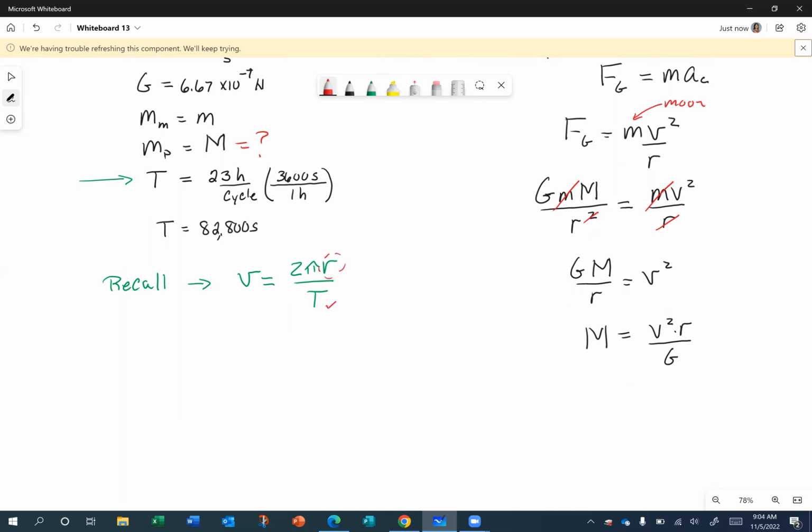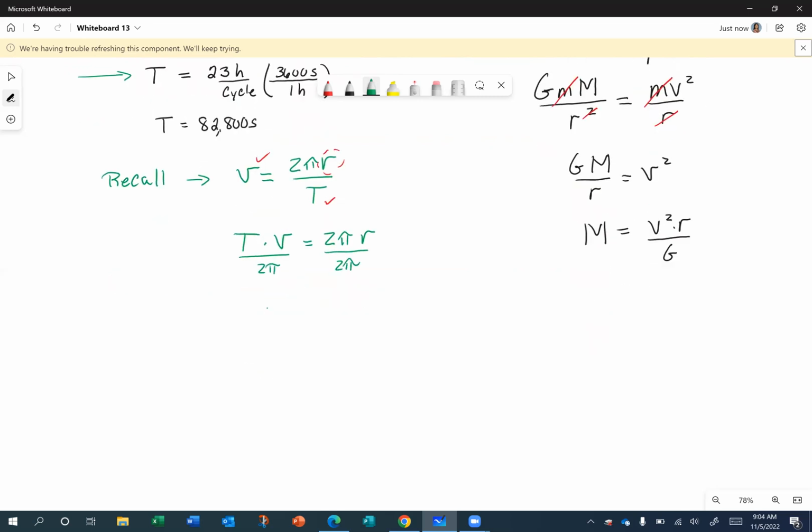because I know the period and I know speed. Rearranging this equation, period times my speed is equal to r, both sides times the period. I get r to be period times my velocity divided by 2 pi.